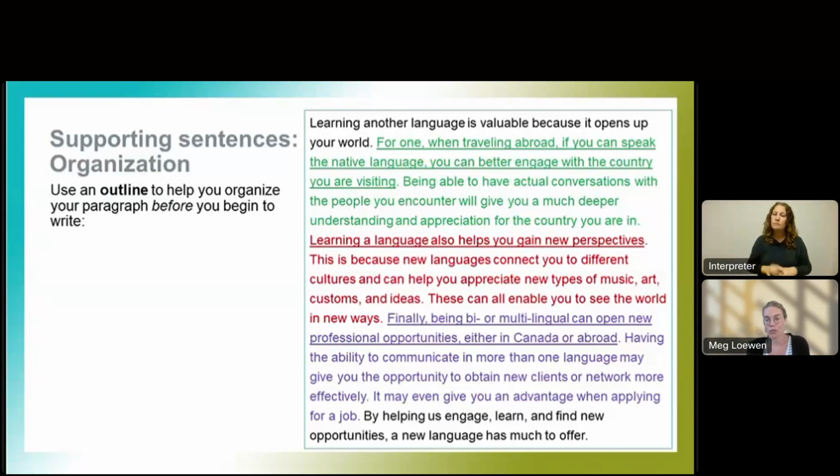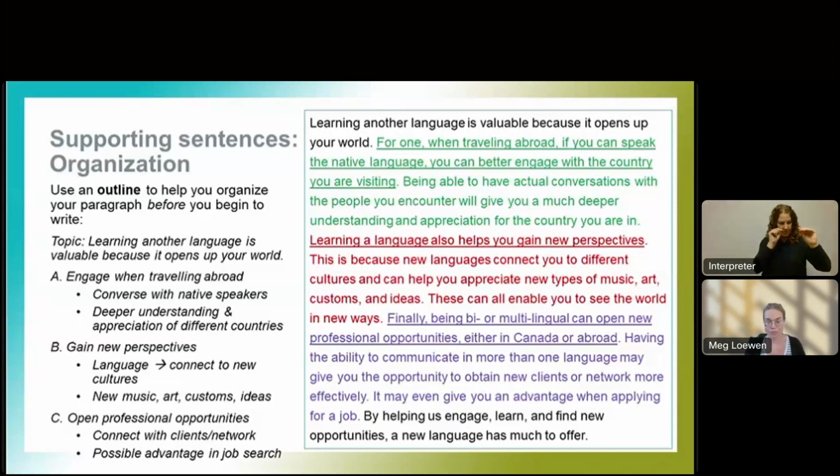But you can also try a reverse outline. So after you've written your paragraph, if you want to check to see that you have indeed written a well-organized paragraph, you can do a reverse outline, where you can look at the sentences that you've written and now put them into an outline to see about the structure.